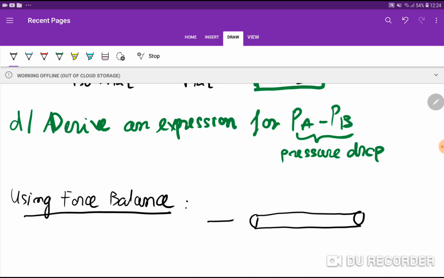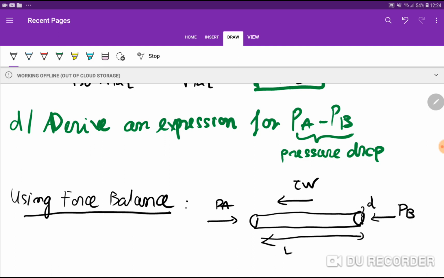We have PA coming in this way. We have PB coming out this way. And we have shear stress opposite to the direction of the flow, and this is length L, and this is diameter, small d.